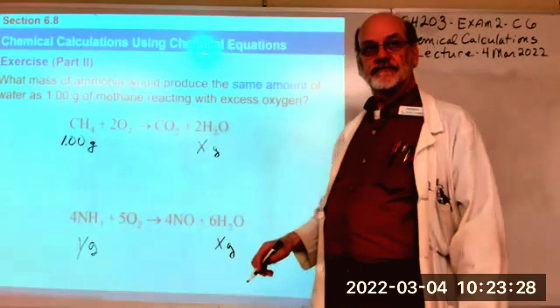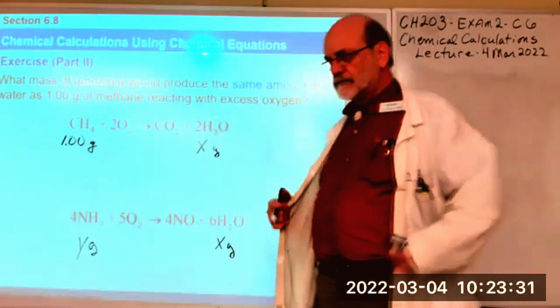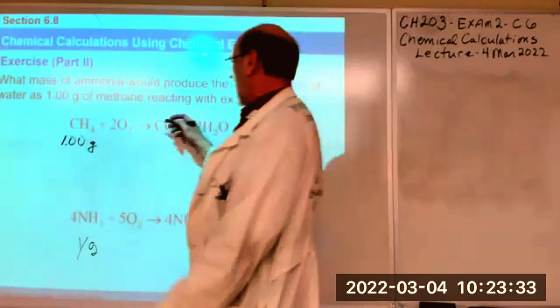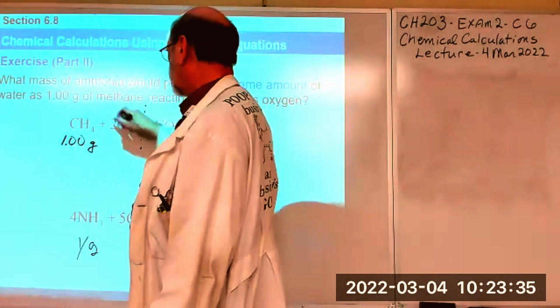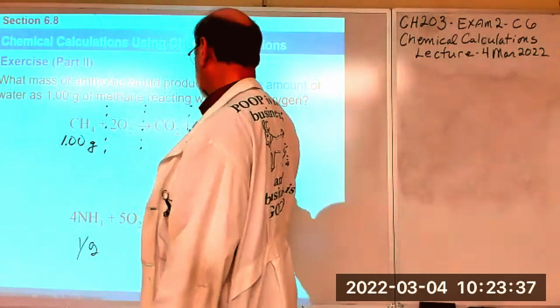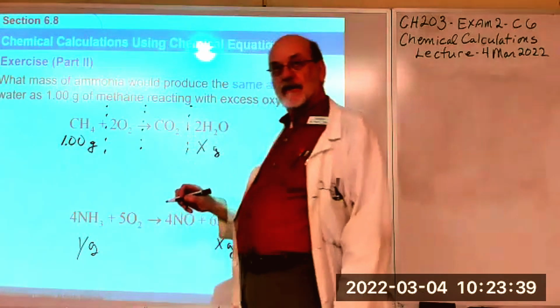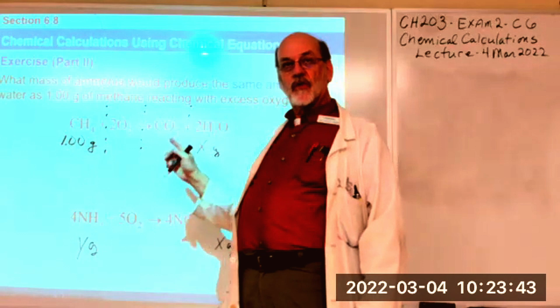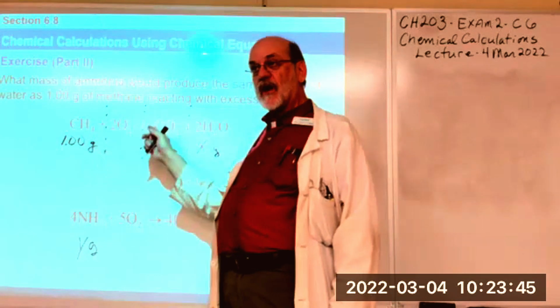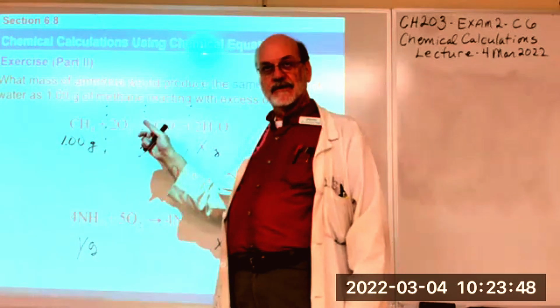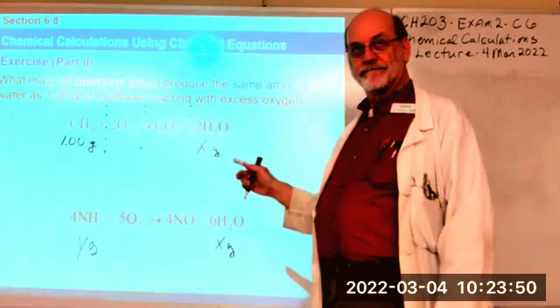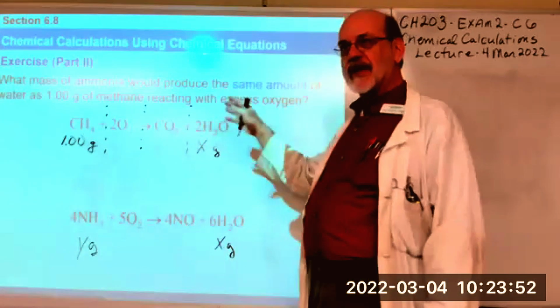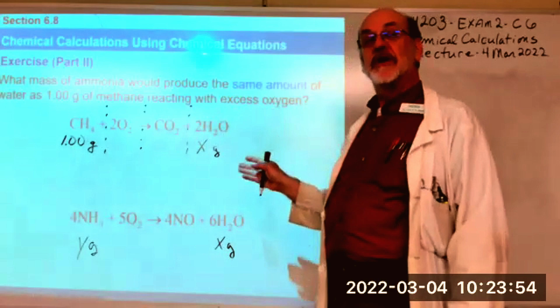So how do we get there? Well, there's an imaginary wall here, here, here, all along that equation. You can't get through that wall with mass. The only way you can get over that wall is with moles. There's a guard at each gate. You can't get through with grams.